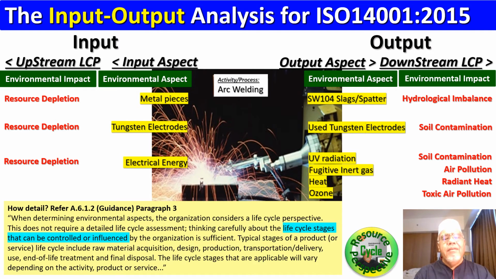Okay, so we have here the input-output analysis, whereby inputs are any environmental aspects that come into the process, whereas outputs are those environmental aspects that are released out from the process.